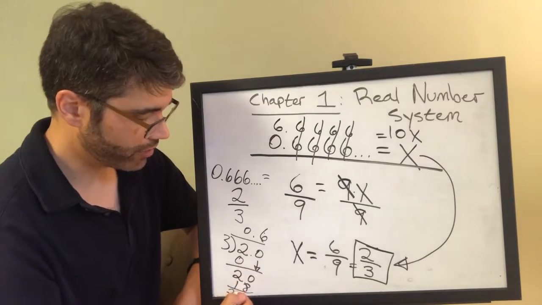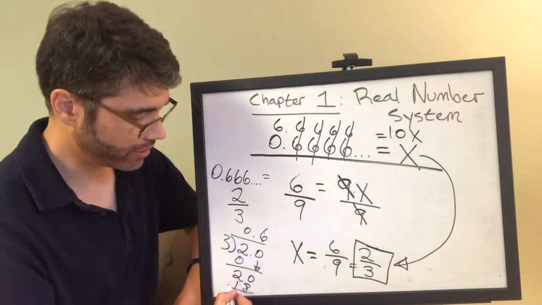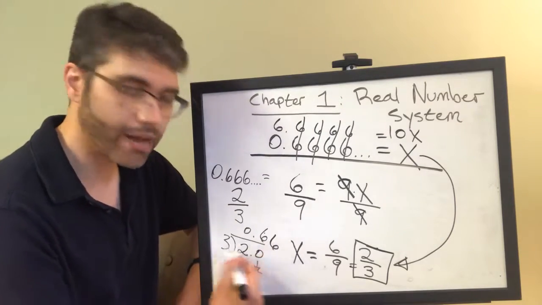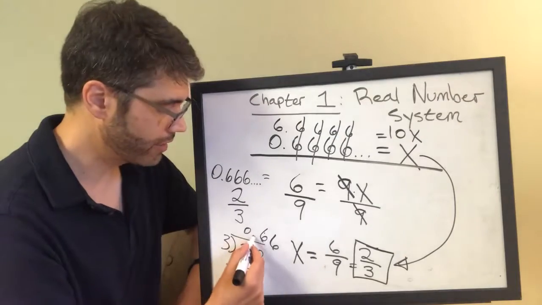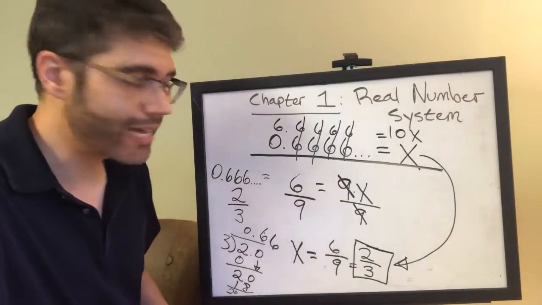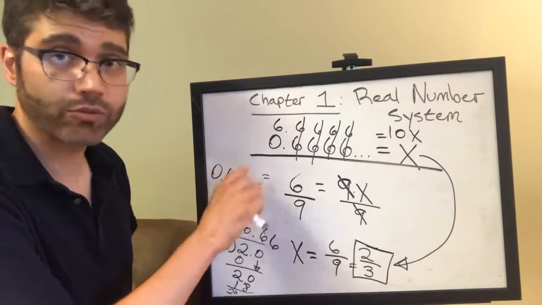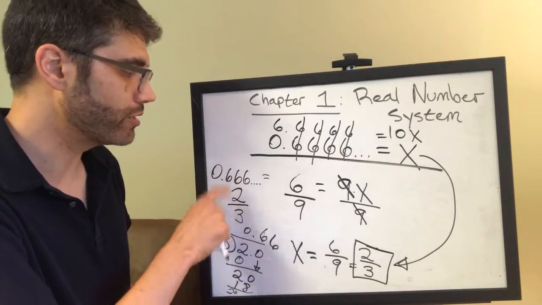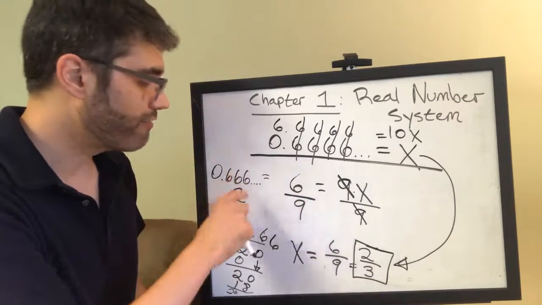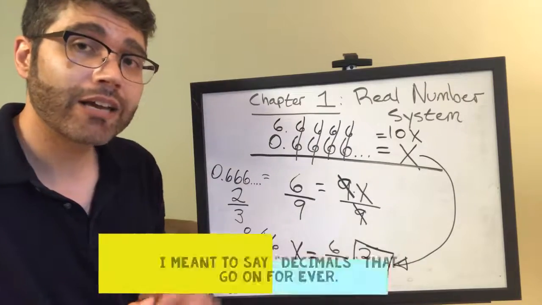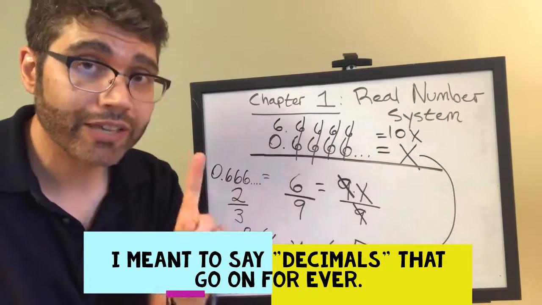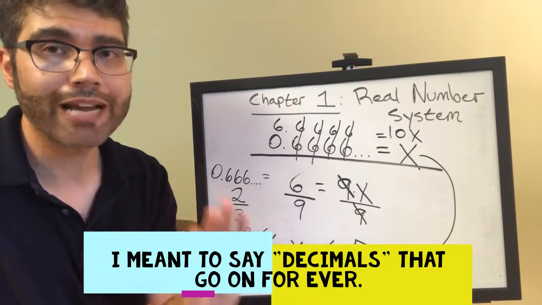Drop down another 0, so you get 20 again. 3 goes into 20 6 times. Do you see how I'm just going to repeat this over and over again? So I've proven it several ways that 0.666 repeating is the equivalent of 2/3. Thus, decimals, even if they go on forever, if they do repeat, they are still rational numbers.